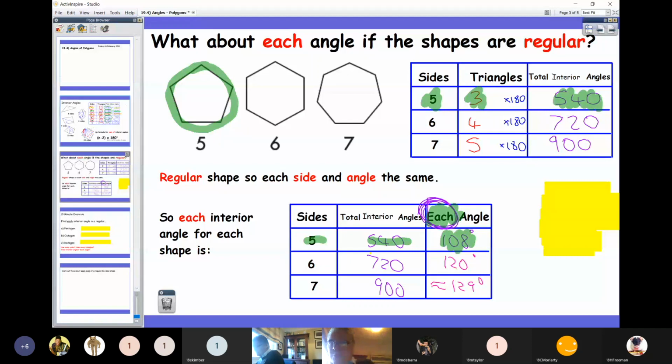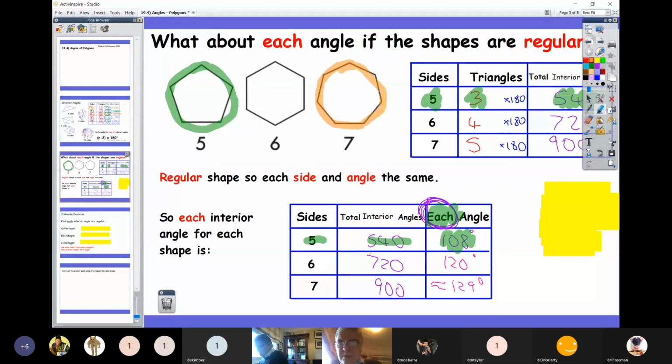So let's go through another one from the beginning. Let's take that 7-sided shape. So 7 sides, that's 5 triangles, times that by 180 is 900, and then divide that by the 7 sides, we get each angle being about 129 degrees.